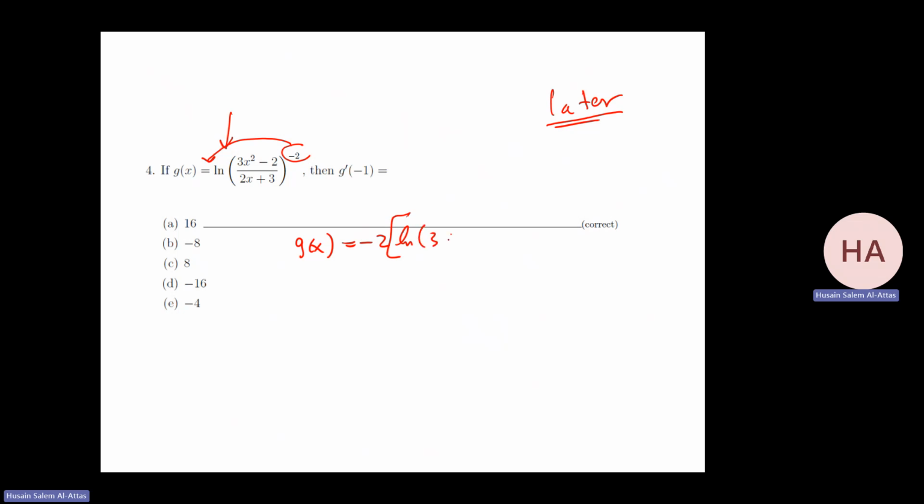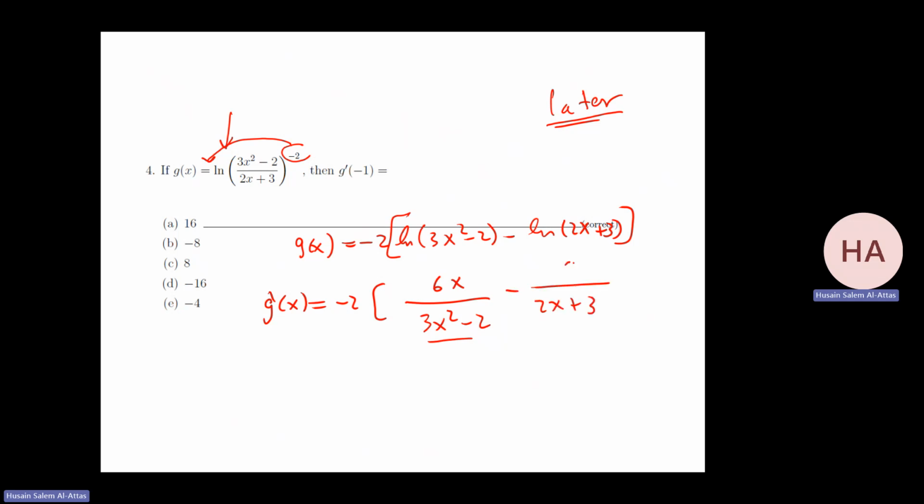So I have ln of 3x squared minus 2 minus ln of 2x plus 3. This is the function. Now prime. Minus 2 is just a constant. Here I have 3x squared minus 2, derivative of this, 6x, minus 2x plus 3, derivative of this, which is 2. What they want? They want g prime at minus 1.